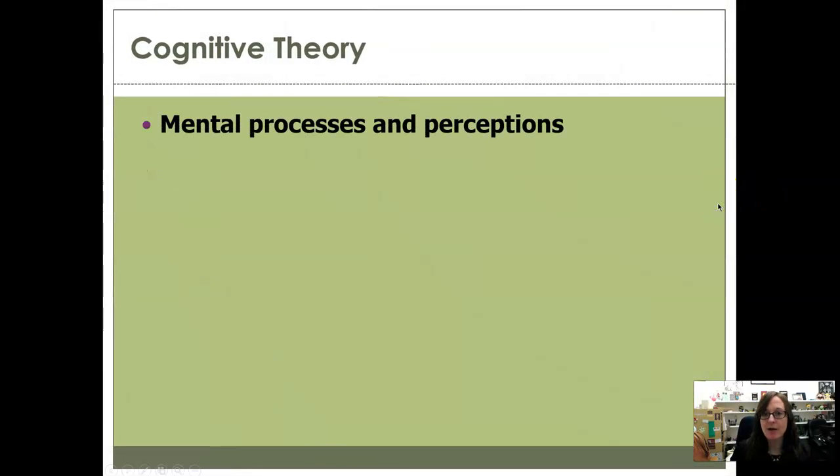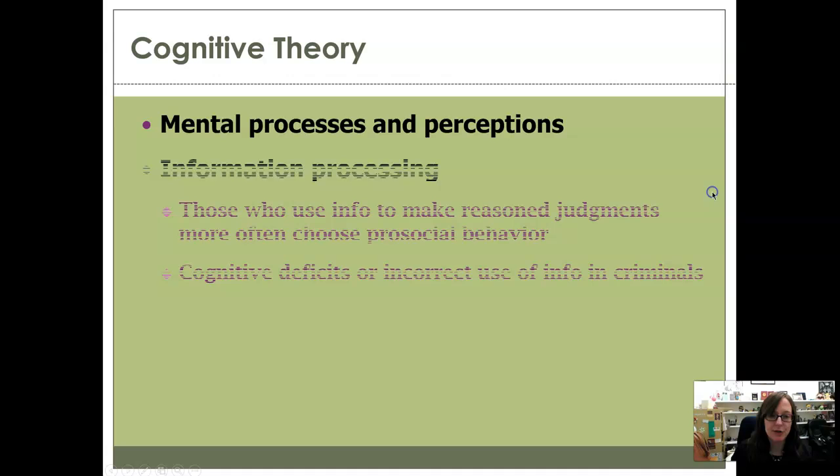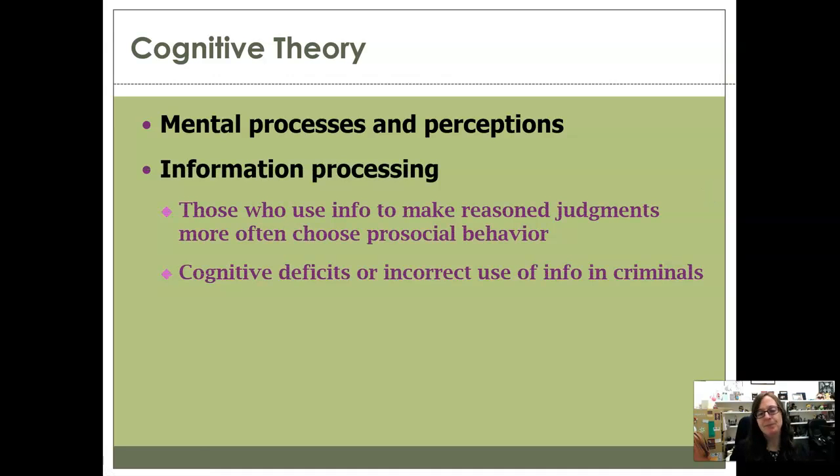Cognitive theory is more about our mental processes and perceptions, and how that can affect our likelihood of criminality. Specifically, when we look at information processing, people who use information to make reasoned judgments more often choose pro-social behavior.